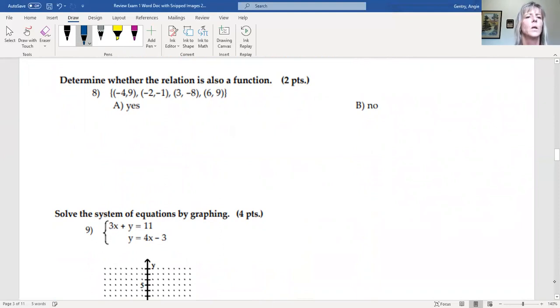Okay. Is this relation a function? So you can do this different ways, but the one thing that students really like is real quick to memorize. If the x's don't repeat, it's a function.